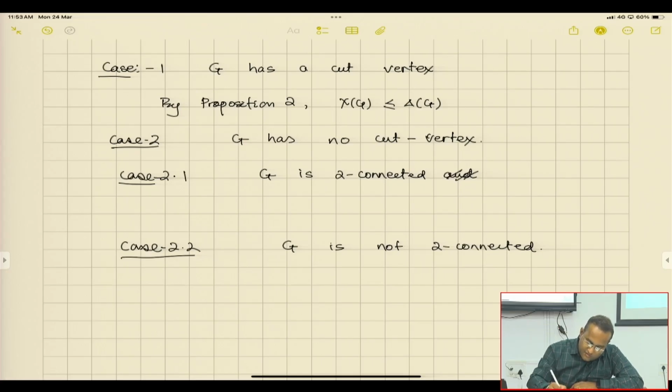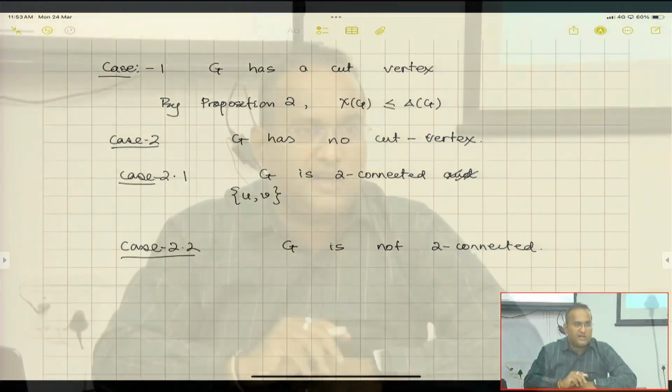So in this case, G is 2 connected, then you have basically a UV cut, right? So UV cut, then what will happen?